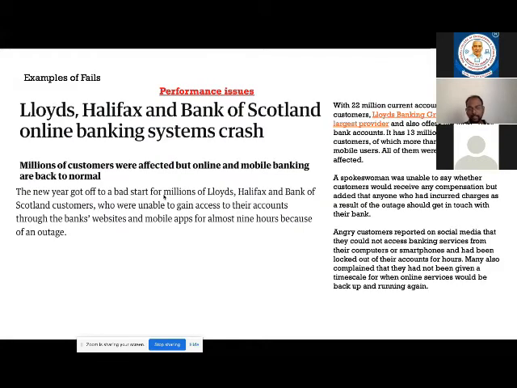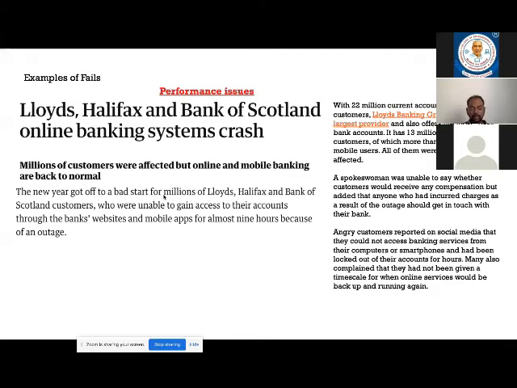Next comes performance issues. Lloyds is one of the UK's largest banks, and they had a problem wherein millions and millions of people were not able to log in on January 1st, and they have around 20 or 16 banks under them. So they're not just one bank, it's a group of banks, kind of like the State Bank of India. And none of the banks were able to log in.